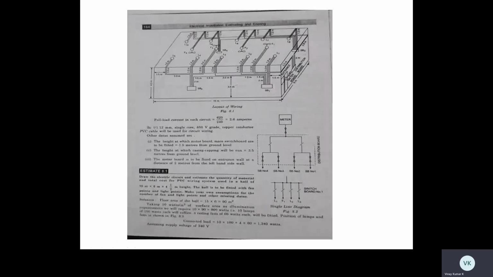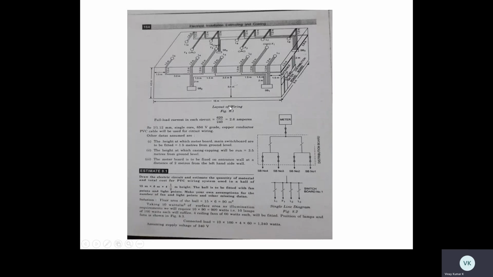This is till SB1. I have to calculate from SB1 to the remaining things. SB1 to lamp 1, fan 1, lamp 2, lamp 3 also.